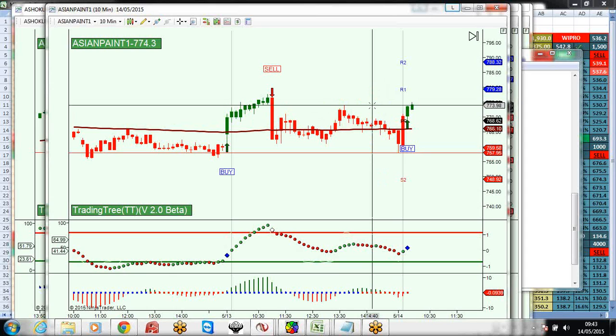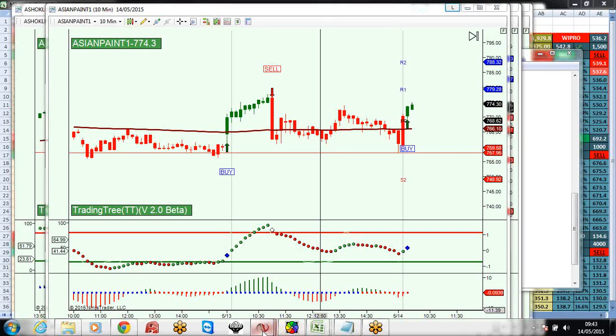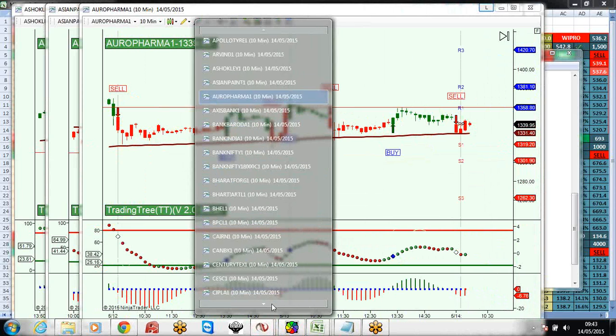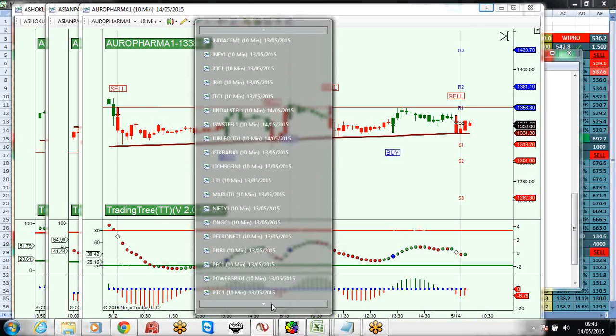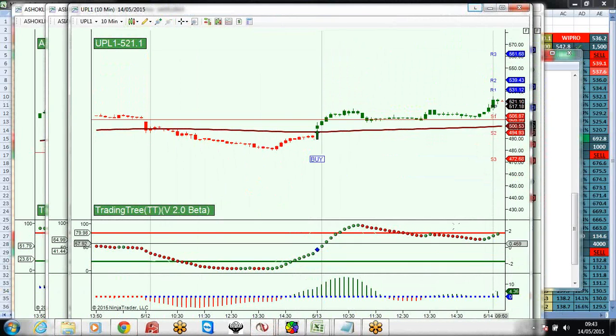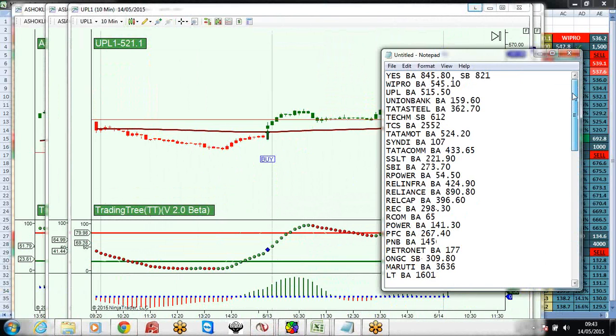Doubles on 3.90. 515 was the entry for UPL. Now it is at 521.